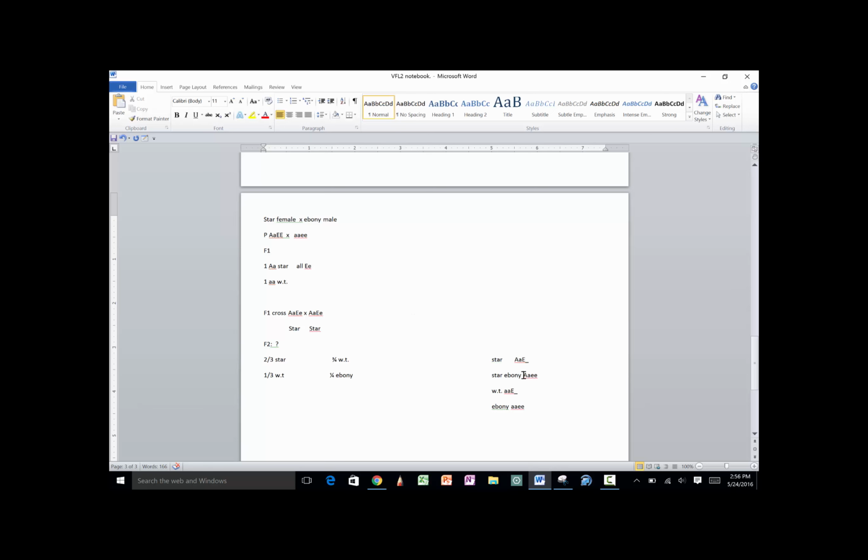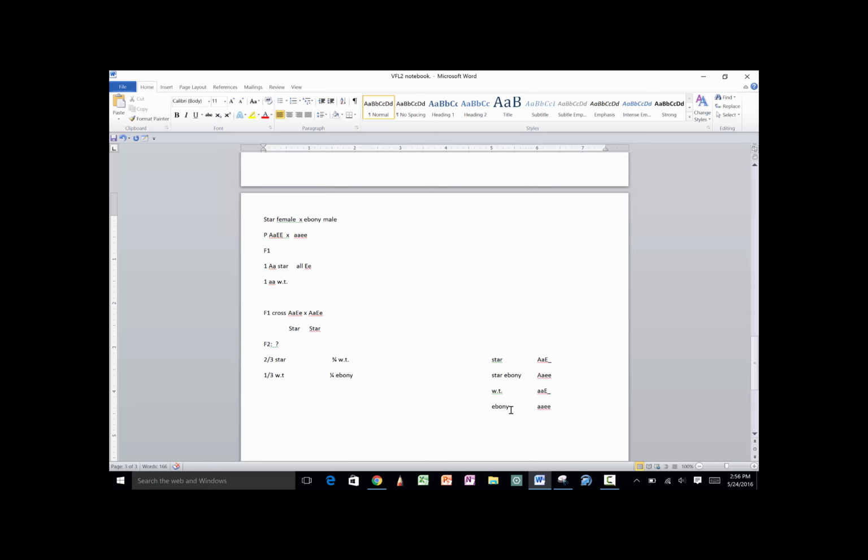Not the most straightforward thing in the world, but the whole key to this process is to think about each gene by itself. So what's star doing? What's ebony doing? That depends on independent assortment.